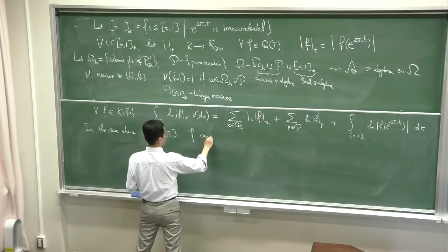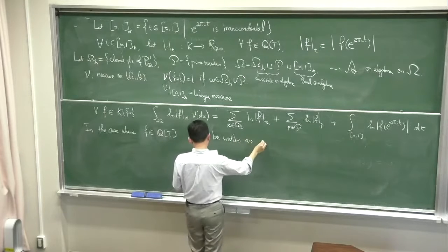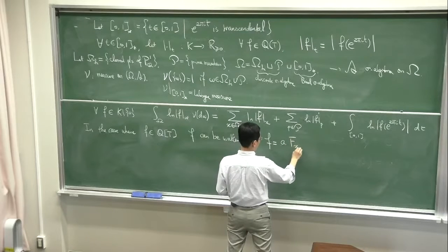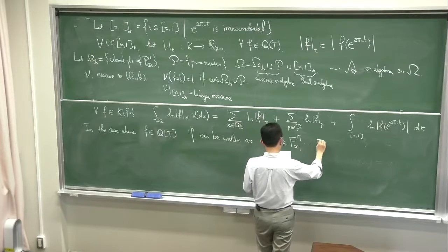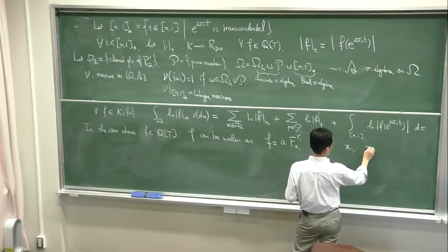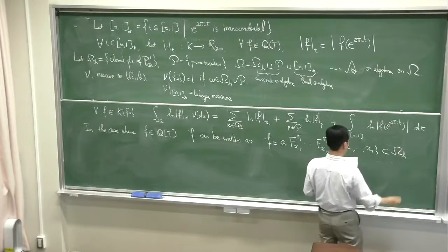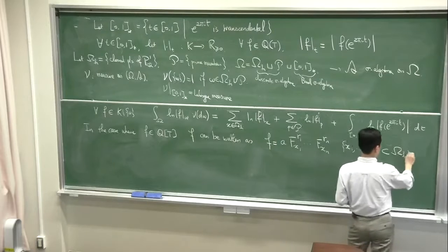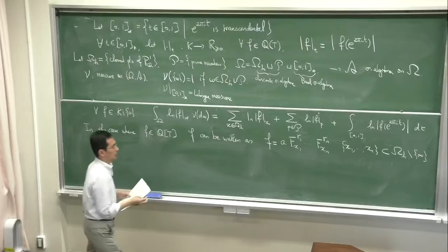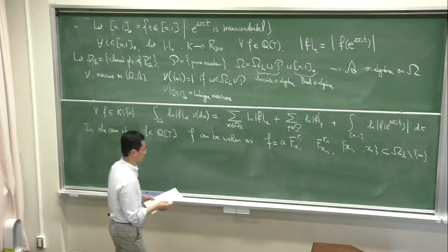So f can be written as f = a f_{x1}^{r1} ... f_{xn}^{rn}, where x_1 to x_n are included in this Omega_H, maybe not infinity. Anyway, the infinity will not count in the sum because we just take the trivial absolute value.